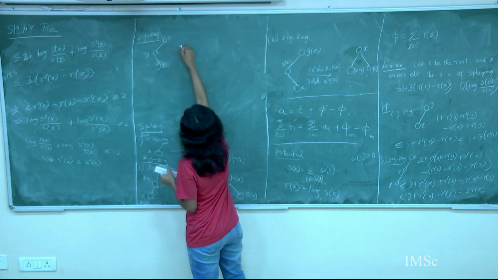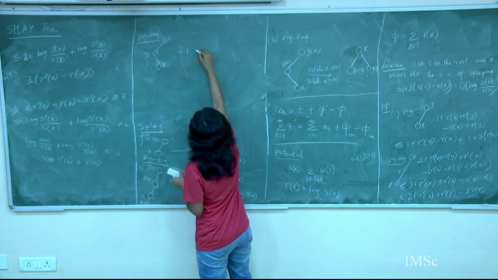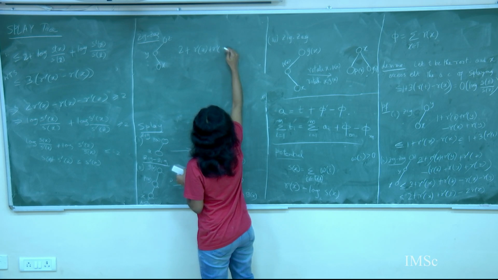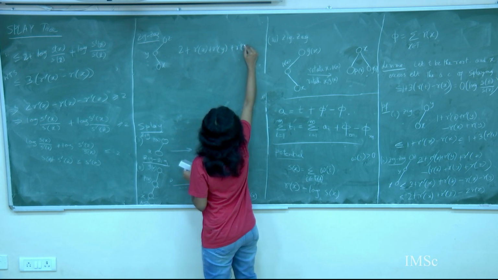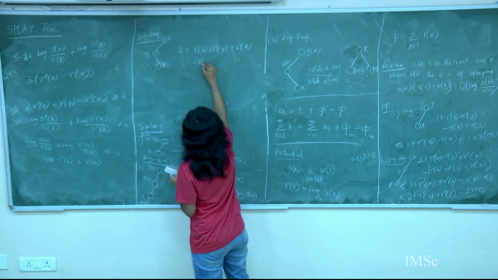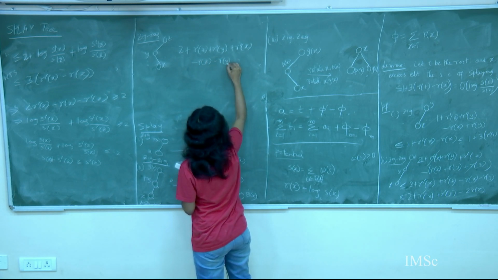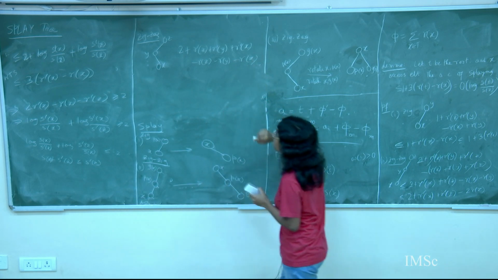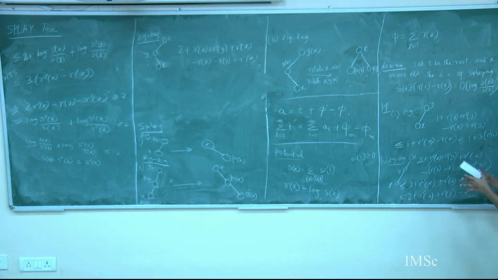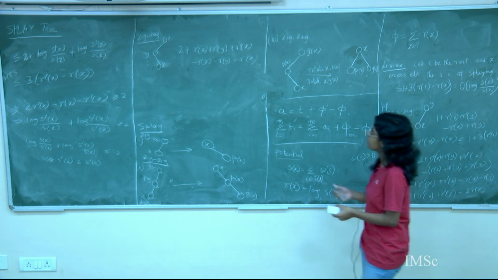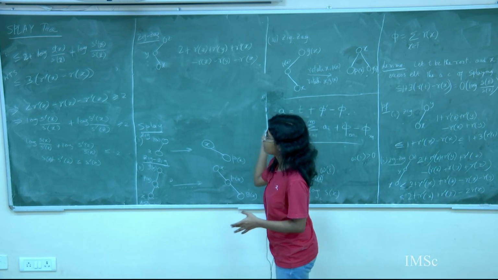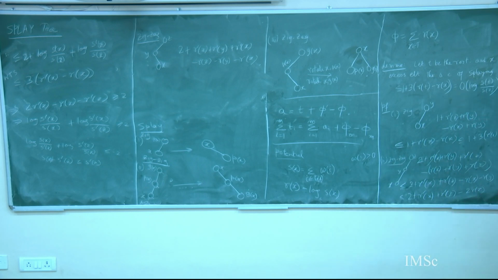Here also I am doing 2 rotations, and the cost again is r prime of z, and you can do this. Do you want me to do the calculation? You can just do this manipulation. You can prove that it will be less than or equal to 3 r prime of x minus r of x.